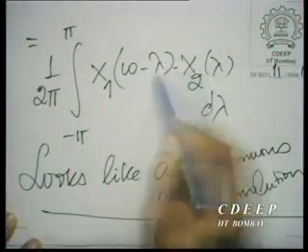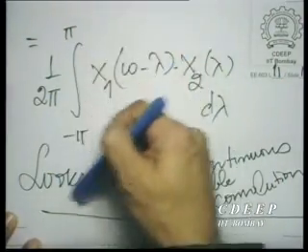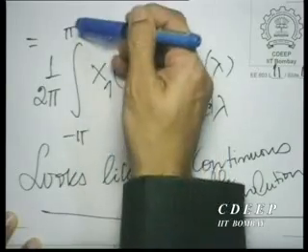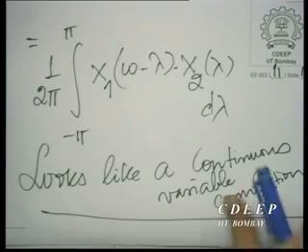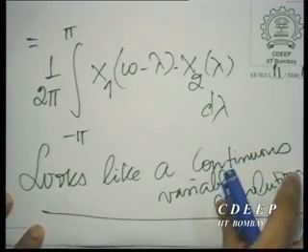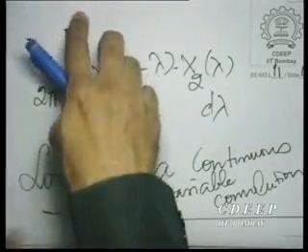So one must in general say in this expression that you need to calculate this integral over any contiguous interval of 2 pi. It could be from 0 to 2 pi, it could be from minus pi by 4 to 7 pi by 4 if you like, or whatever you prefer. It could be from minus pi by 2 to 3 pi by 2, it could be from 0 to 2 pi, or it could be from minus 2 pi to 0, whatever you please.